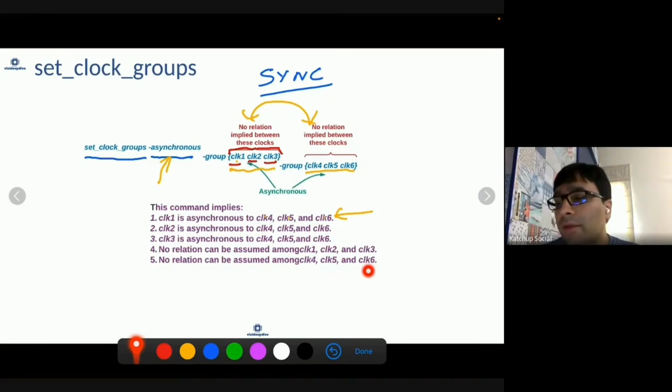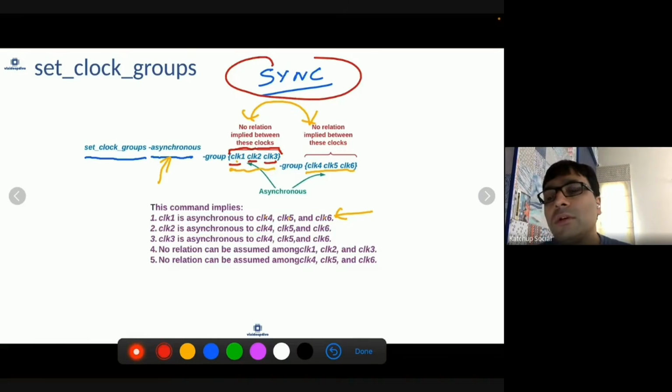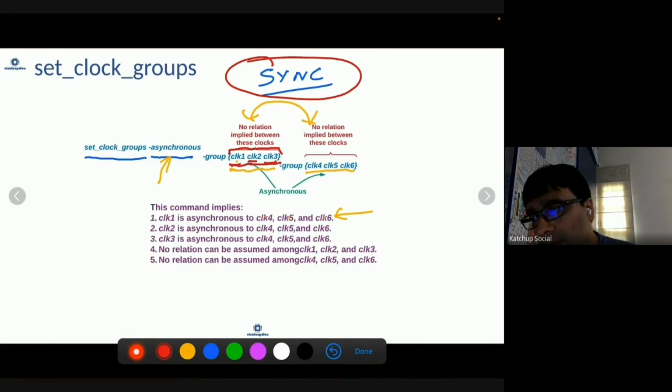If you only have this command in your constraints, then clock 1, clock 2, clock 3 will be synchronous. But that is not because of this command. This is because by default, clocks are synchronous to each other in STA. But set_clock_groups changes the default behavior. Very, very important to remember that for the group option, no relationship is implied between these clocks within a group.